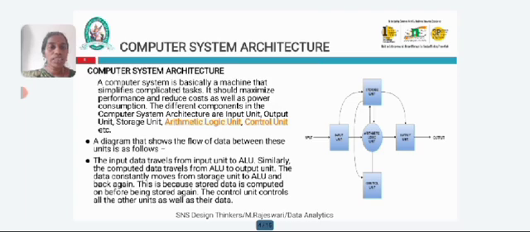The input data travels from the input unit to the arithmetic and logic unit. Similarly, the computed data travels from the arithmetic and logic unit to the output unit. The data constantly moves from the storage unit to the arithmetic and logic unit and back again. This is because stored data is computed on before being stored again. The control unit controls all the other units as well as their data.